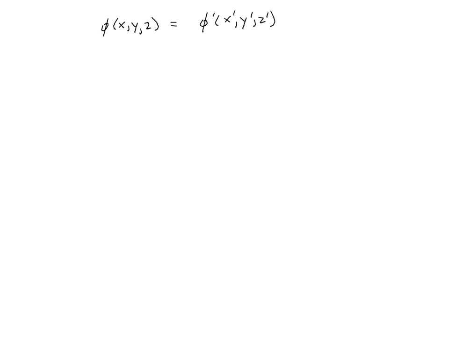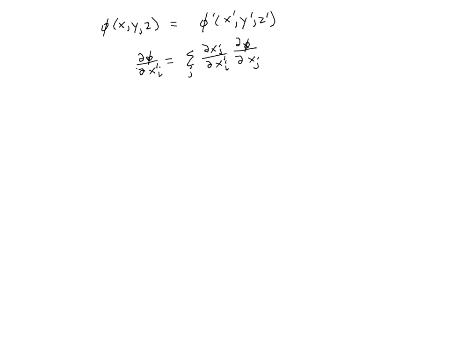And so what this means is that we can actually turn our phi prime into phi, and so we can just call this partial of phi with respect to x prime i equals the sum over j of partial x sub j, partial x prime sub i, partial phi, partial x sub j.